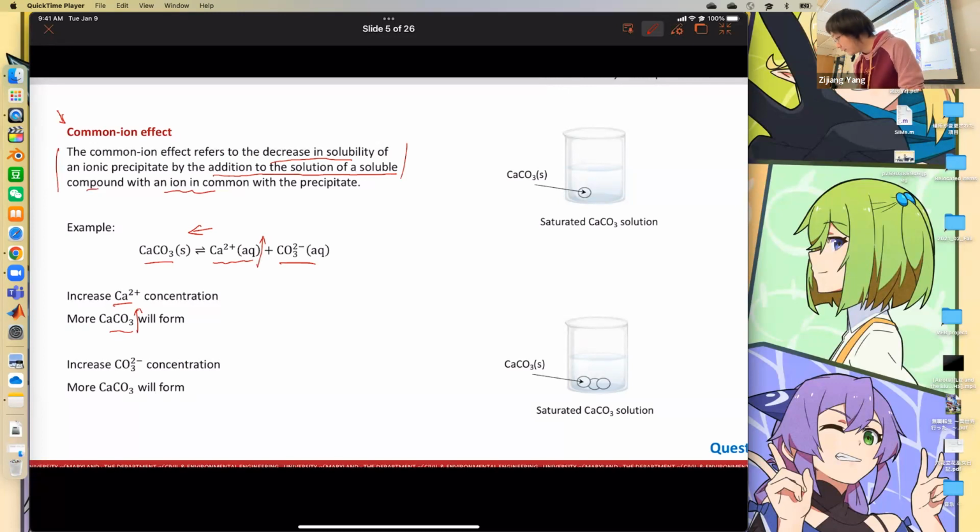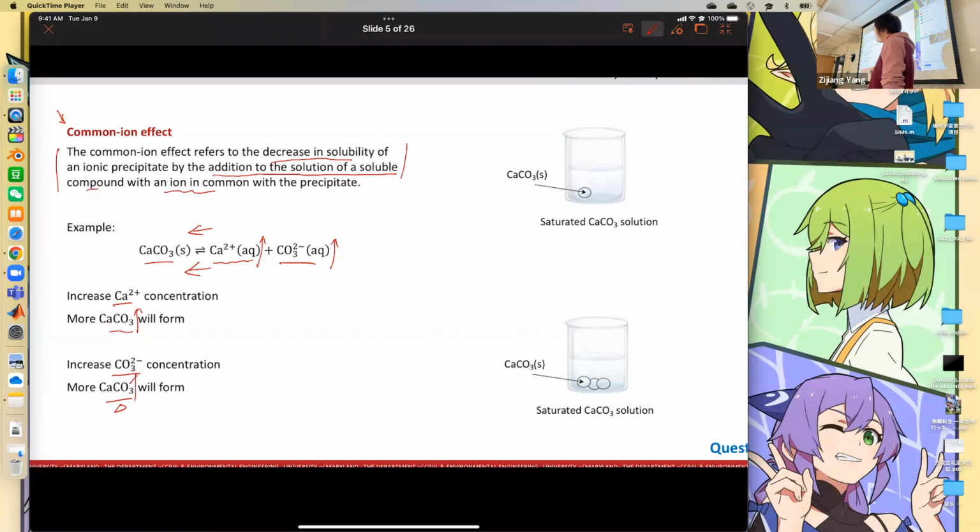Similarly, if we increase the concentration of CO3 2-, it also goes in this direction, and finally the calcium carbonate precipitate will form.